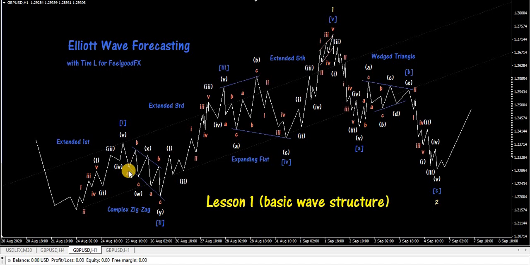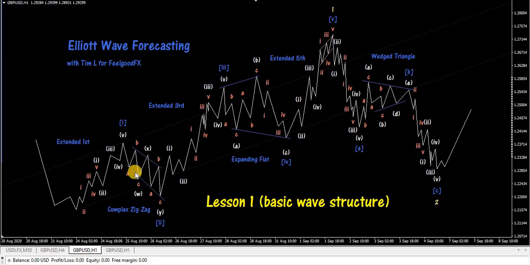So you can see over here, if I subdivide this, it's an ABC X. That X over there is just a failure to break out of the correction. So we got this little sharp X, and then it gives us another correction again. And then it gives us an A, B, C.